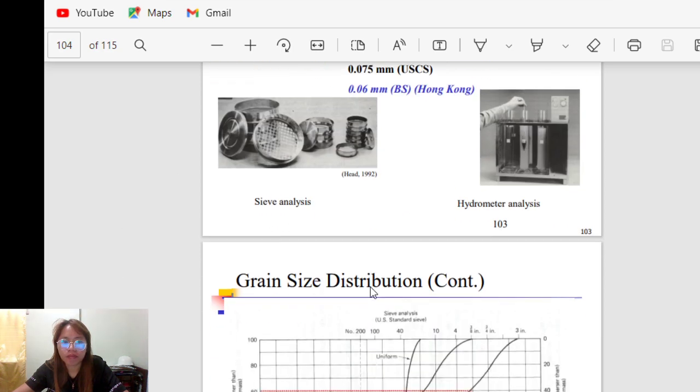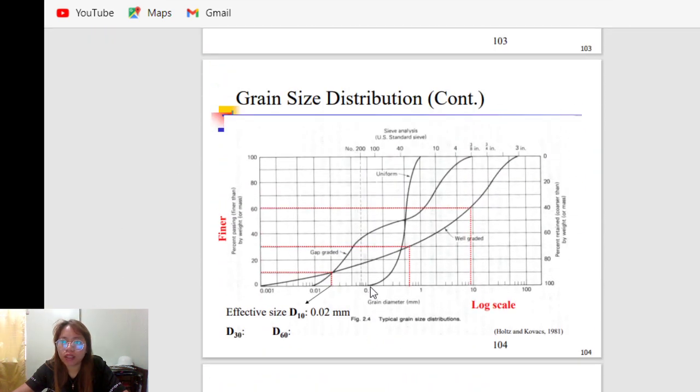analysis. The continuation of the grain size distribution, we have this effective size. The effective size is the D10.